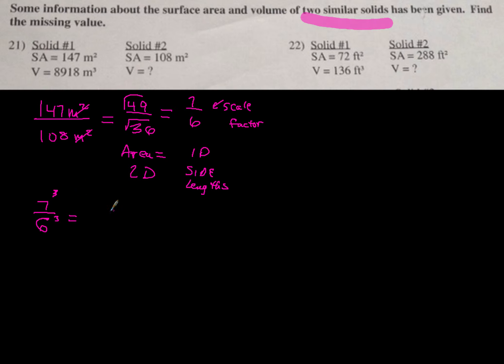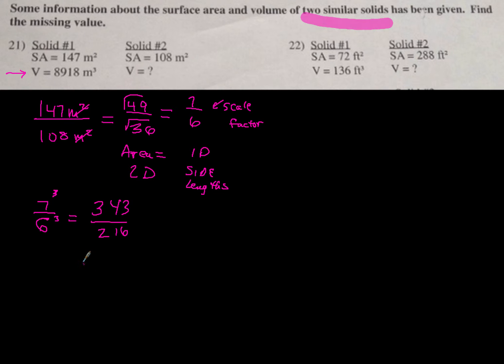Now when we cube 7, do you know what that value is off the top of your head? Of course I do. 343, Mr. Muscarella. Oh, you rock. So that's 343. What about 6 cubed? 216. You made me memorize these. Yes, very good. So we got 343 over 216. Now we're going to go back to our problem and take a look at the volumes that were given.